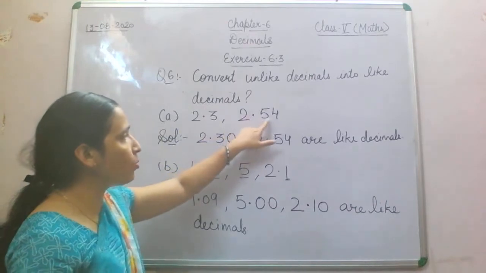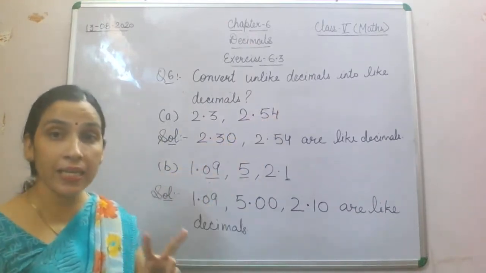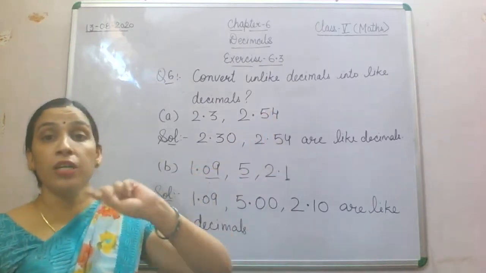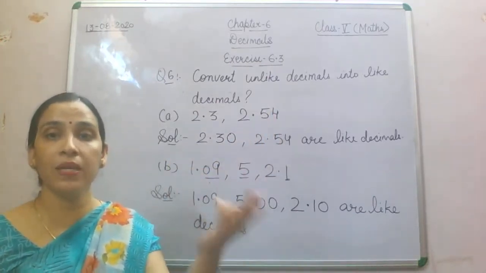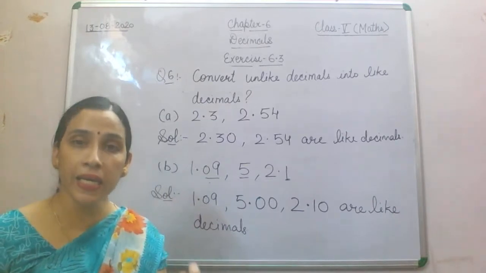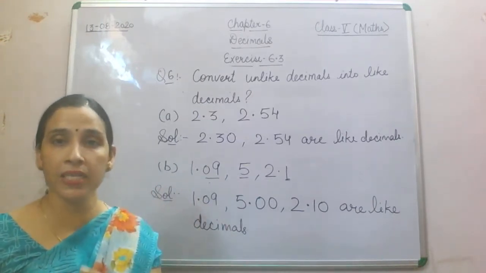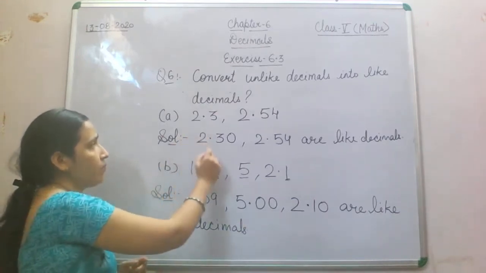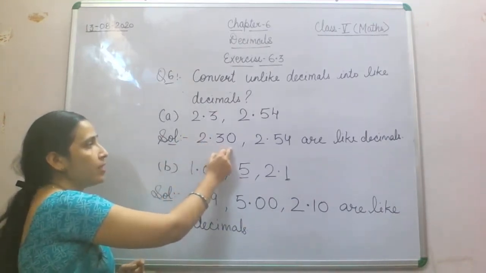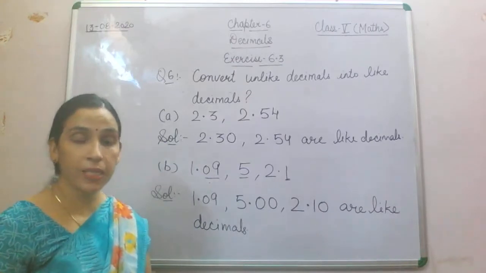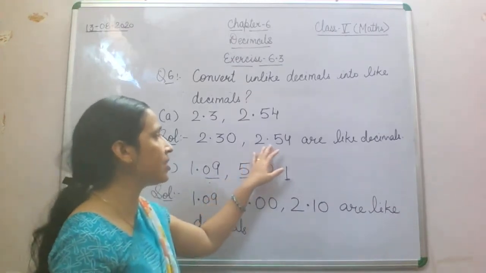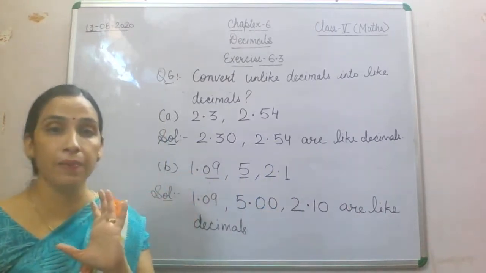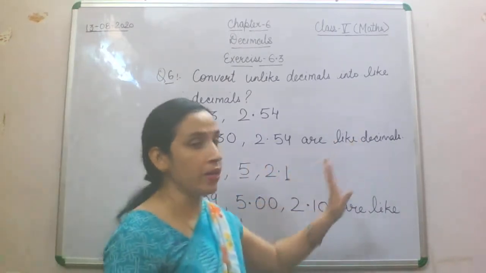Now we require 2 decimal places here to make it like decimal, because in one number we have 2.54. We cannot reduce those 2 decimal places into 1, but we can increase that 1 decimal place into 2 by adding 0 after this number. So 2.30 will become the first number, and the other number will be as it is, 2.54, and this pair will become a like decimal pair.